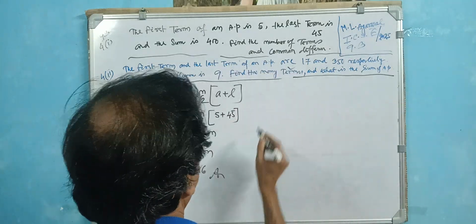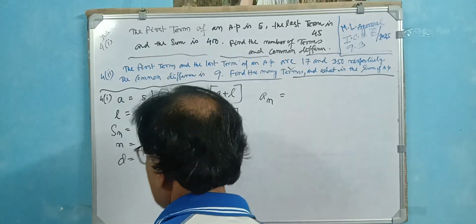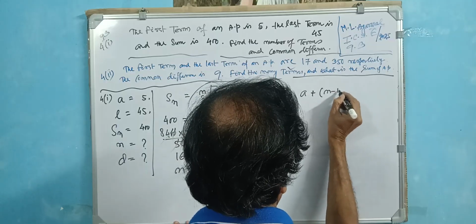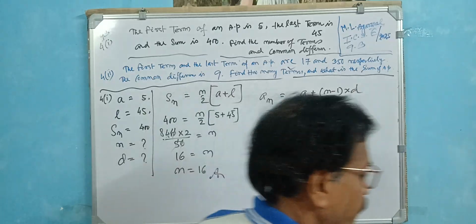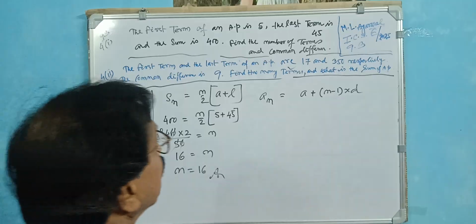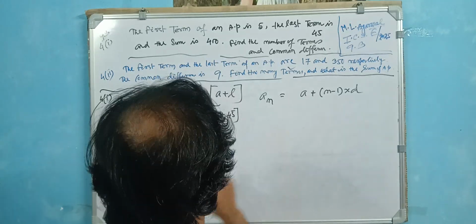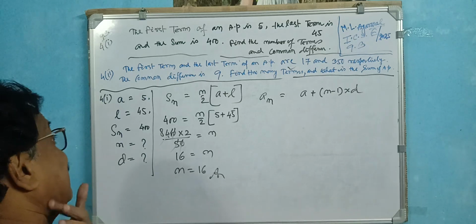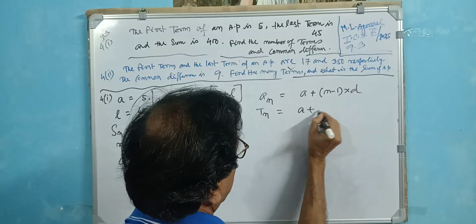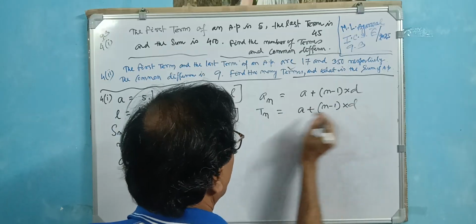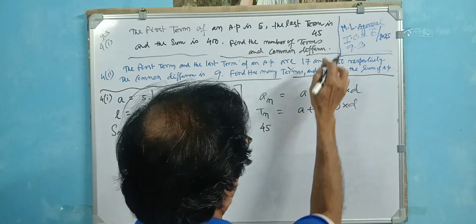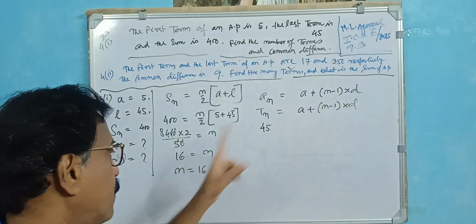For the common difference, the formula is Tn is equal to a plus n minus 1 into d. You know it. You know the number of terms, this is n. So Tn is equal to a plus n minus 1 into d. You know the value of Tn is 45, that is the value of the last term, and the number of terms is 16.